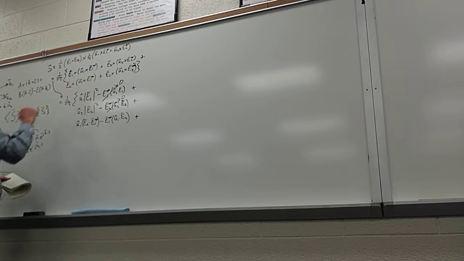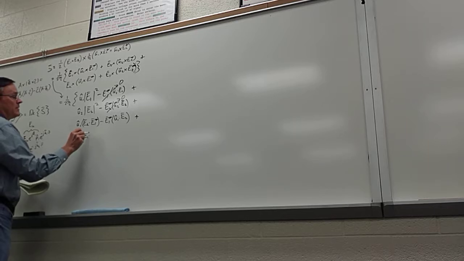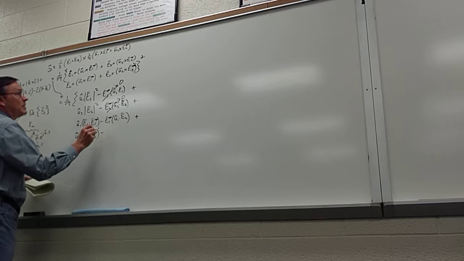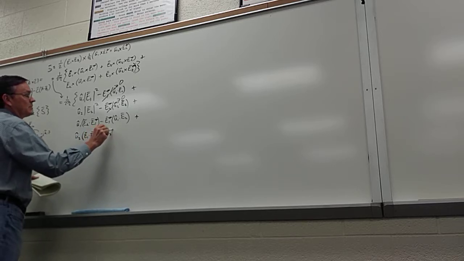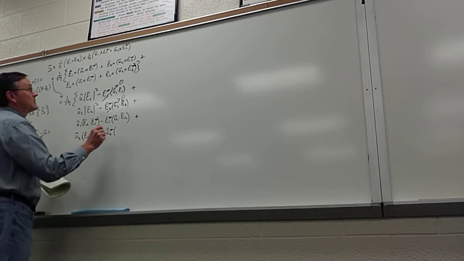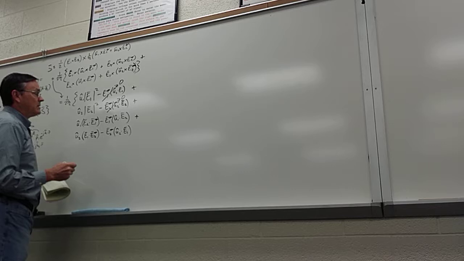Okay, and then we've got the final one over here. So we have U2 hat, E1 dotted into E2 complex conjugate, minus E1 complex conjugate. And then we've got U2 hat dotted into E1.